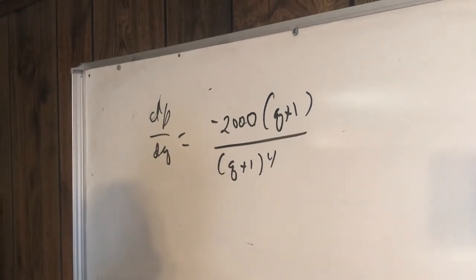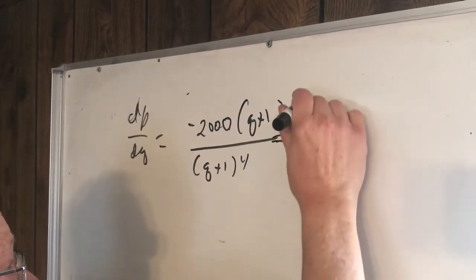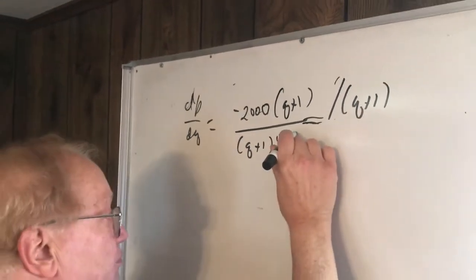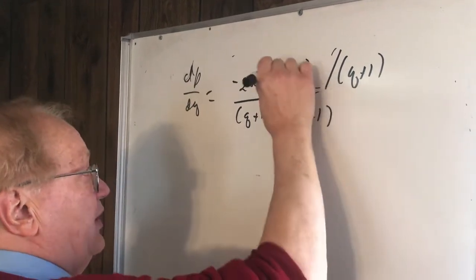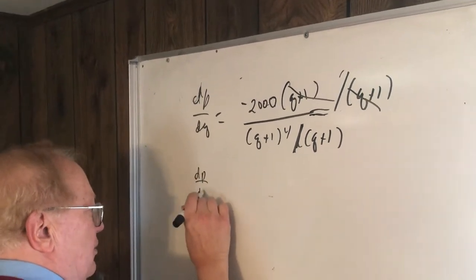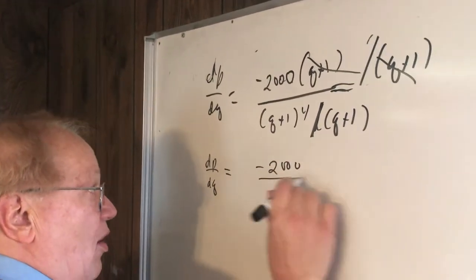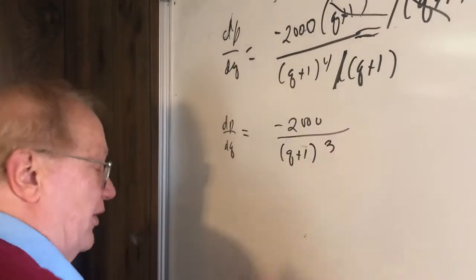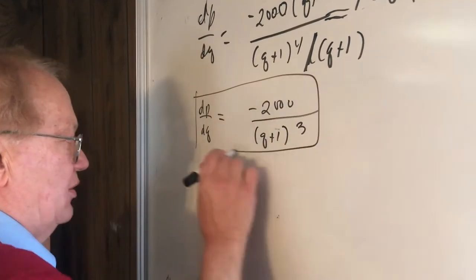I'm going to get rid of the q plus 1. I'm going to divide both sides by q plus 1, the top and the bottom. That means the (q plus 1) squared cancels, and dp dq comes out to minus 2,000 over (q plus 1) to the third, since 4 minus 1 is 3. Okay, so that's our dp dq.